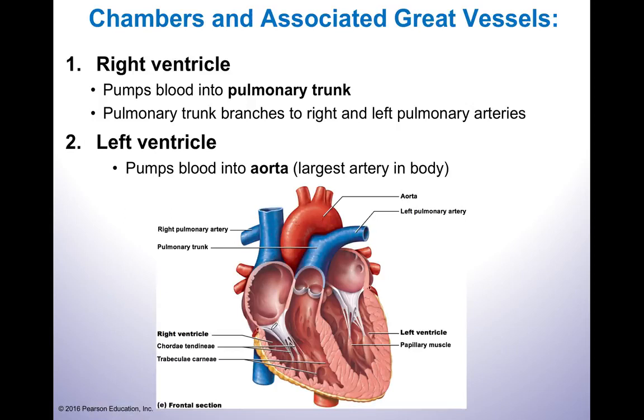So, let's again take a look. The first point that we made is that the ventricles, which is right here and right here, are larger compared to the atria. We have these patterns of muscles you see here in the background. These are referred to as the trabeculae carneae.